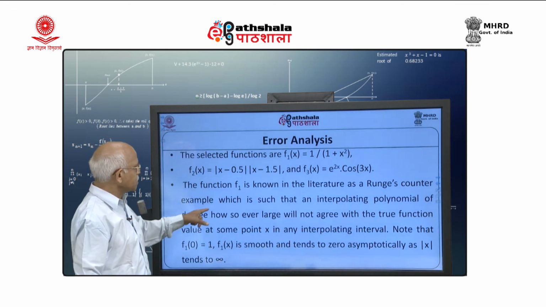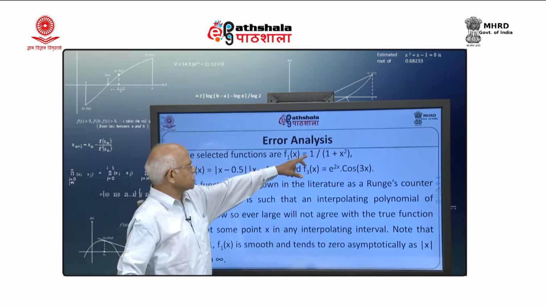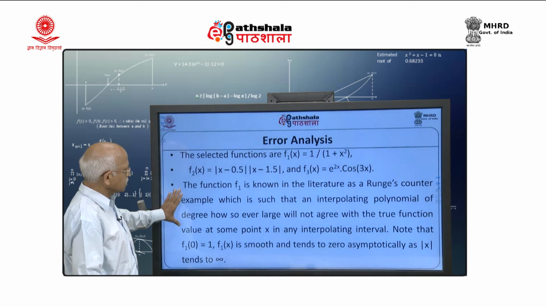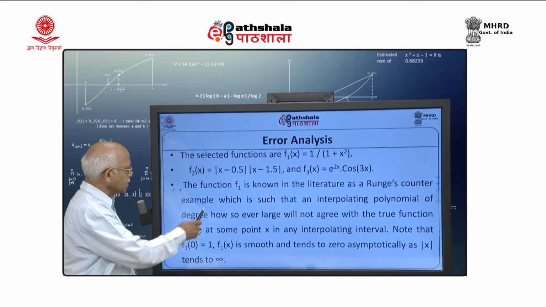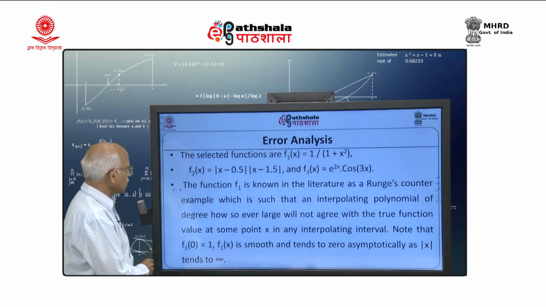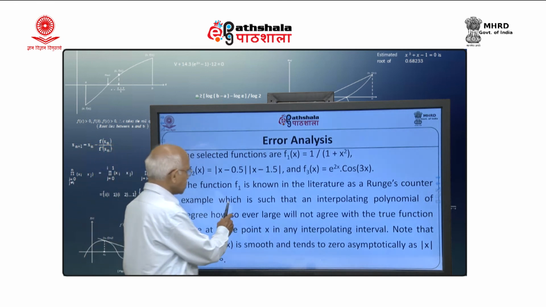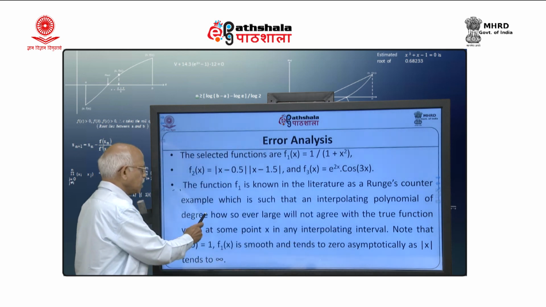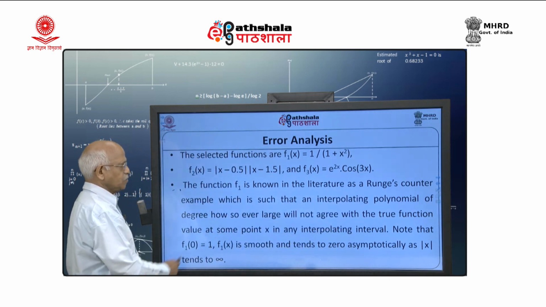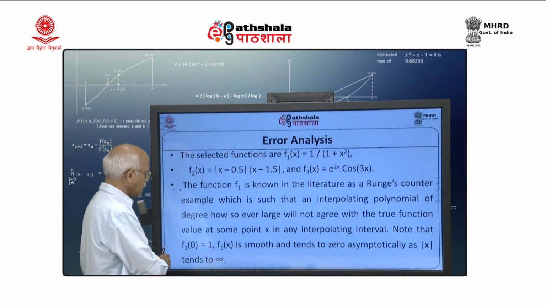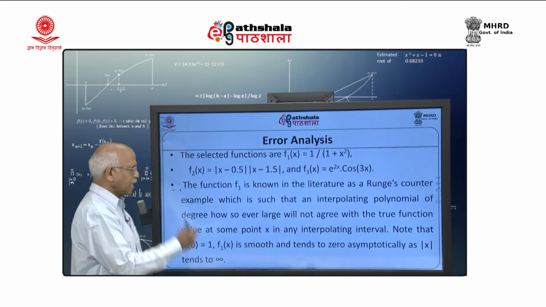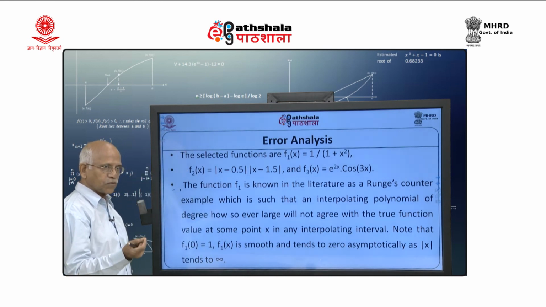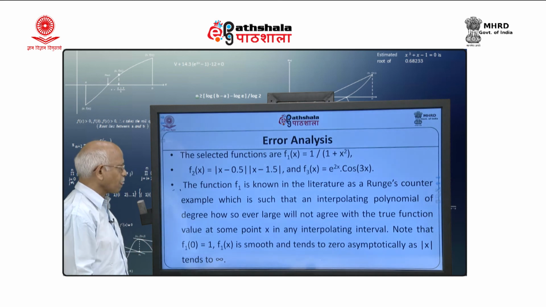This is a specific example we are considering here, and you can find it in the literature. So, we will always get significant errors at some points in the interval.